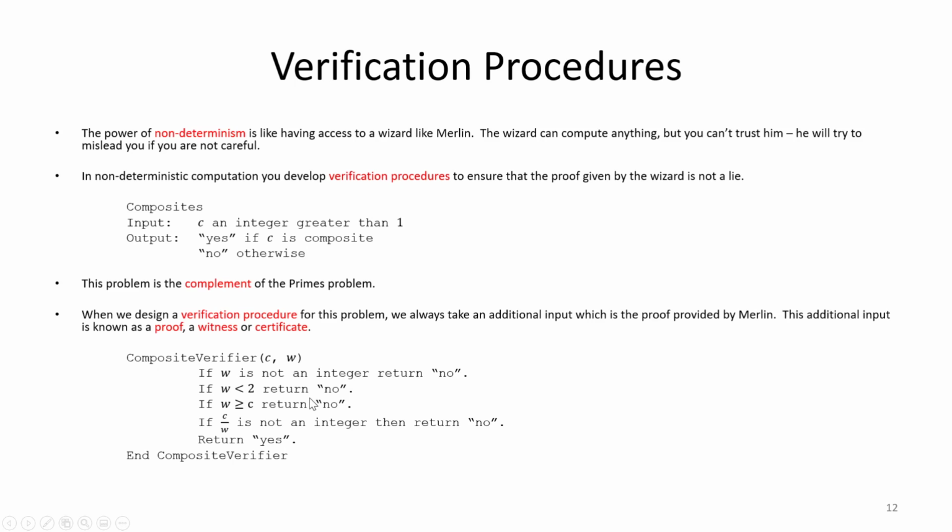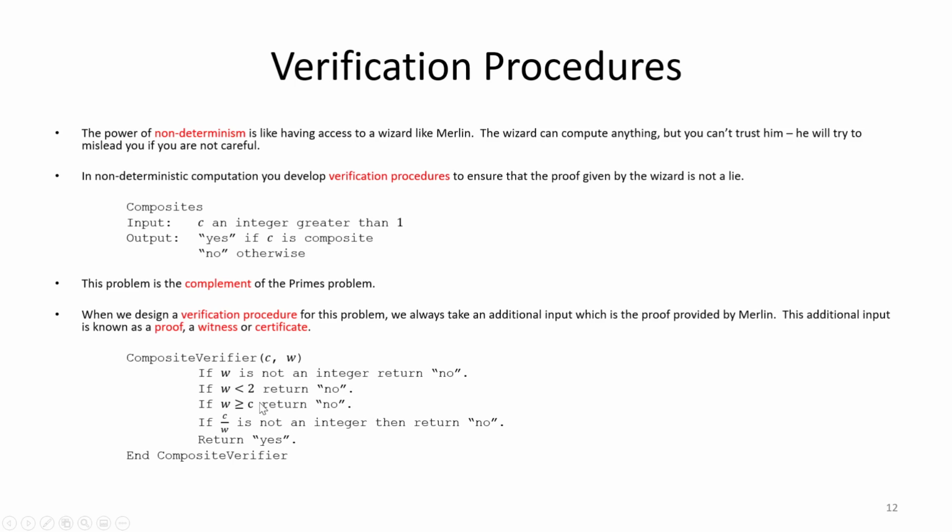Now, additionally, we're going to try and argue this in a second, but have we got all the tests we need? Is there any way that Merlin can trick us now? Well, the answer to that question is actually no in this case. We'll prove it in a second, but the reason is because we've applied the definition of what a factor is explicitly here.